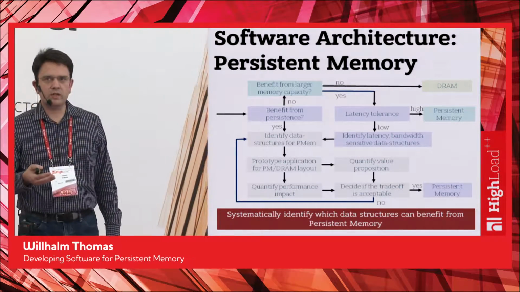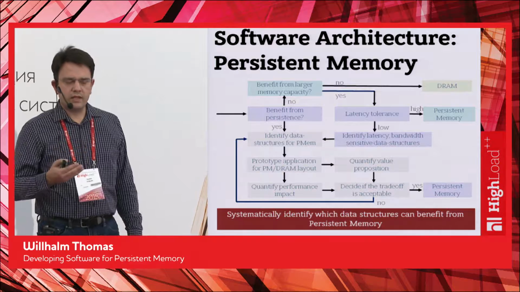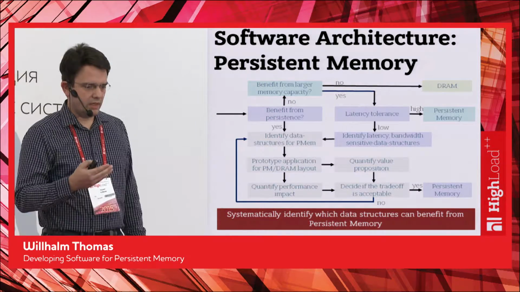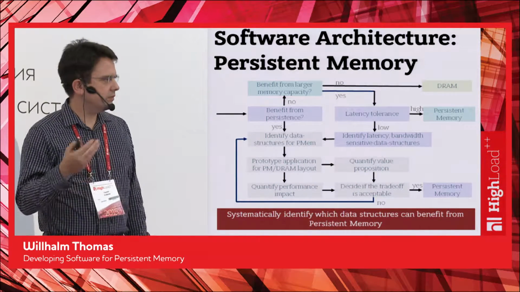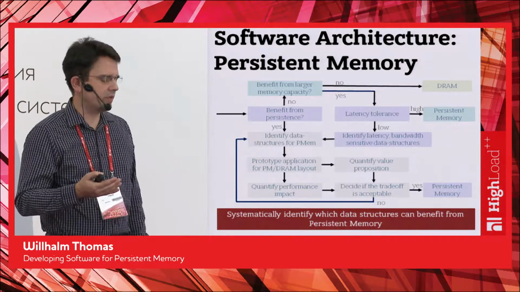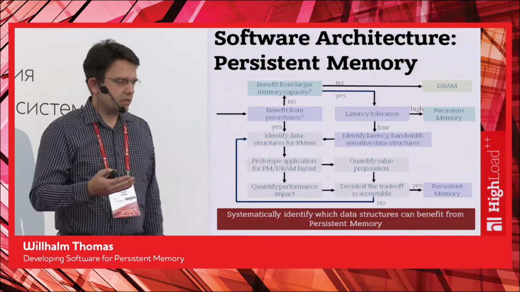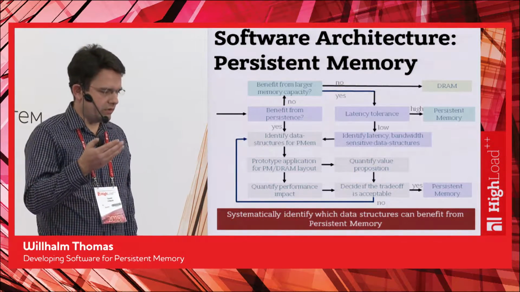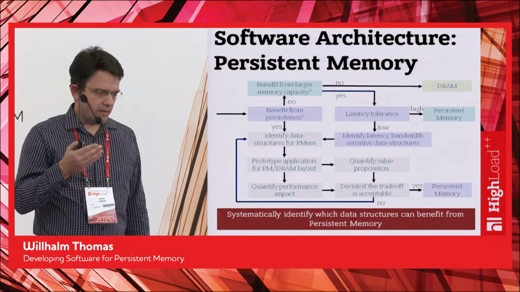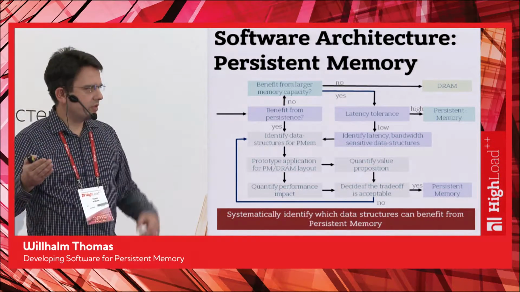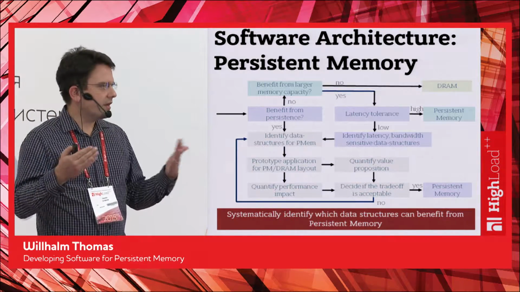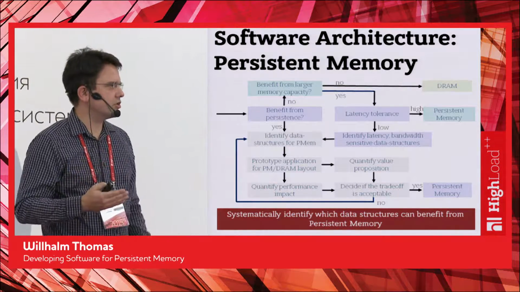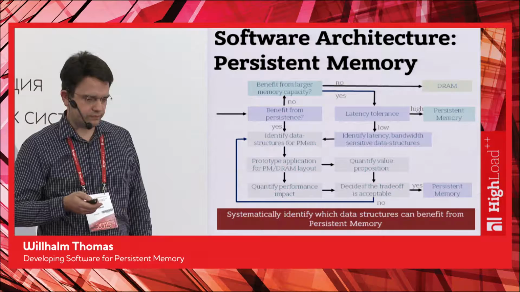But if you can take advantage of the larger capacity, then examine how tolerant you are to latency. If you're very tolerant to latency, this persistent memory would be a perfect fit. In the other case, you go through this normal optimization cycle of looking into which data structures you might move to persistent memory versus DRAM, and then quantify how much this will hurt or benefit you, deciding for each and every data structure which memory to use.